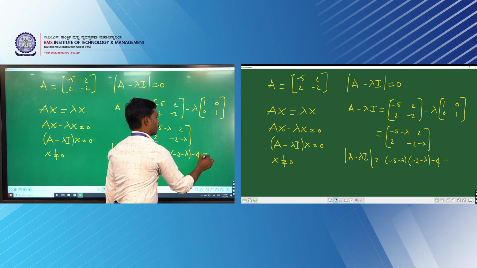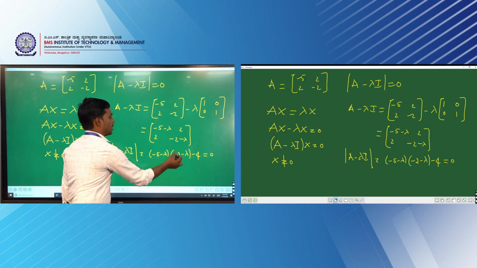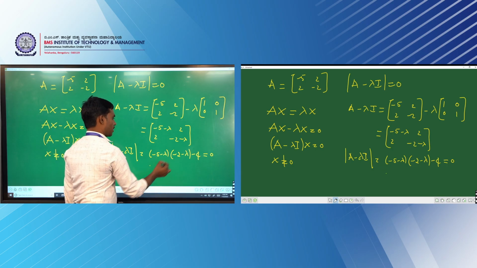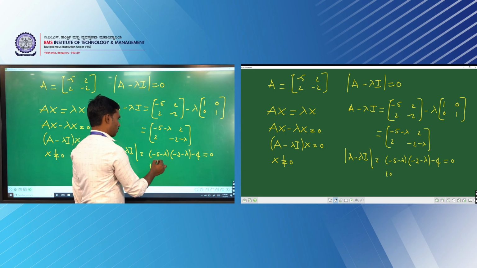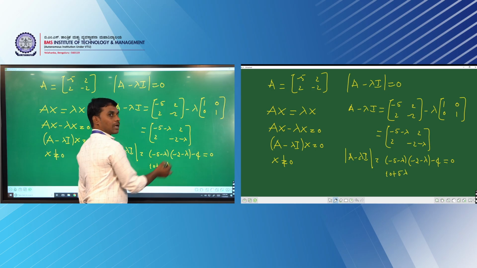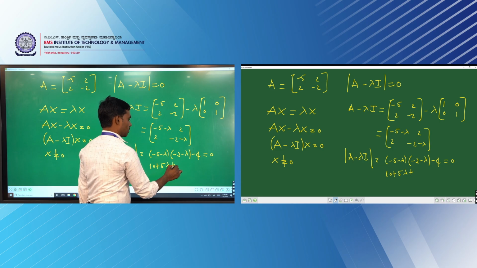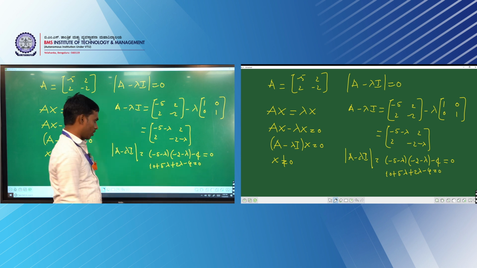This should be equal to 0, right. Now if you multiply, minus 5 into minus 2 is 10, then minus 5 into minus lambda is 5 lambda, minus lambda into minus 2 is plus 2 lambda, minus 4 equal to 0. So we got a quadratic equation.